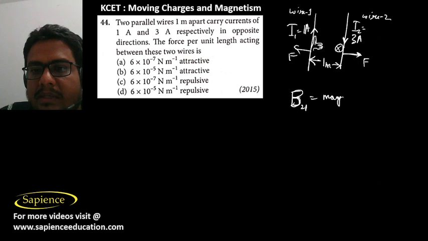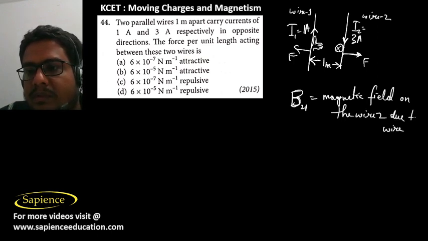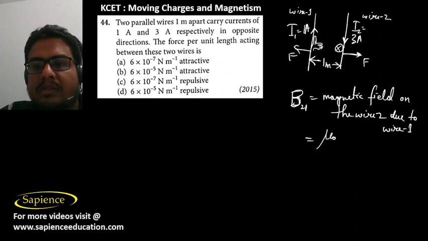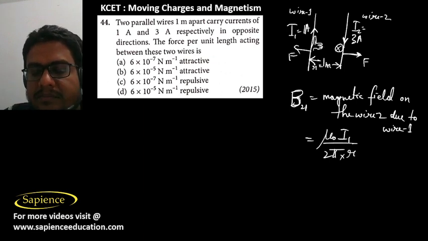B21 is the magnetic field on the wire 2 due to the wire 1. So that will be equal to mu naught I by 2 pi r. So that is mu naught I1 by 2 pi r, where r is this 1 meter.